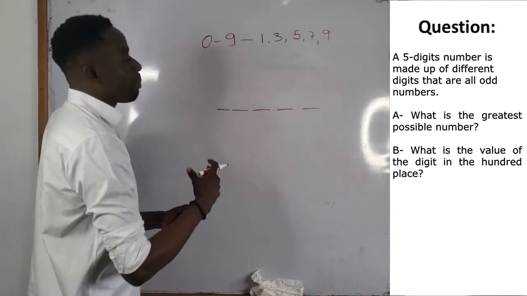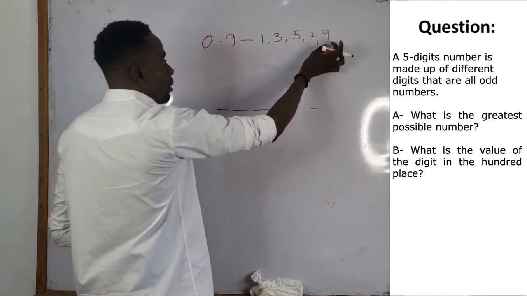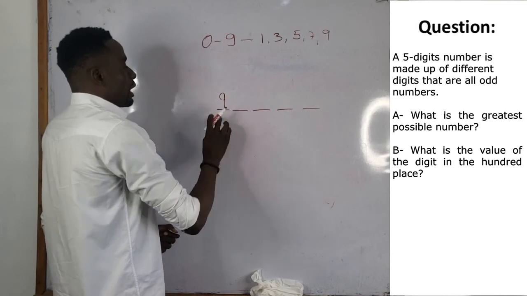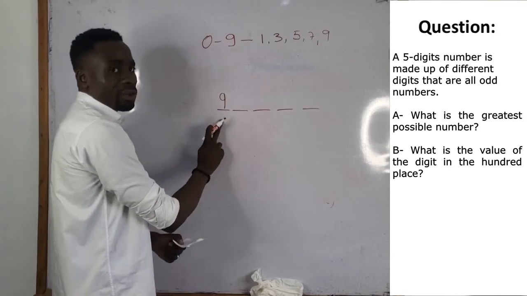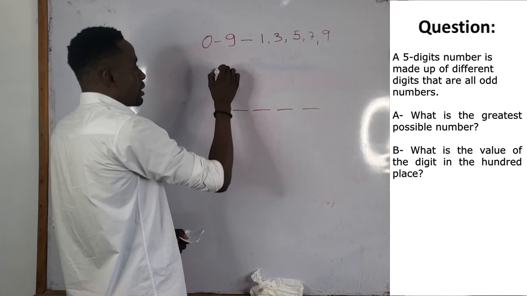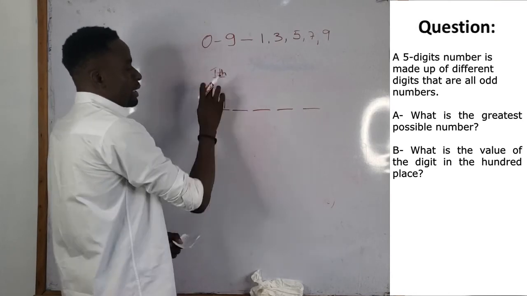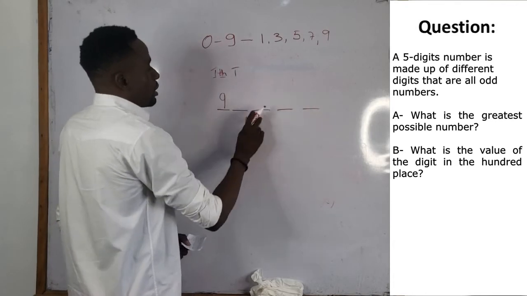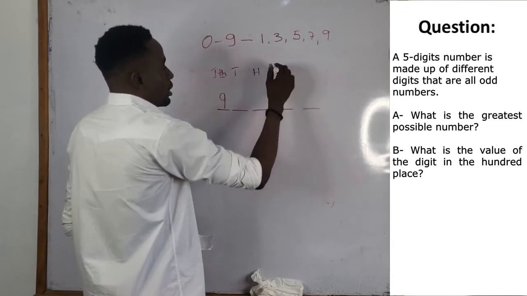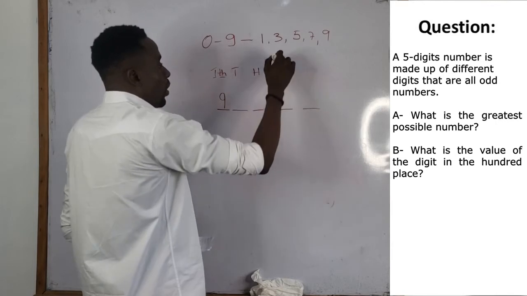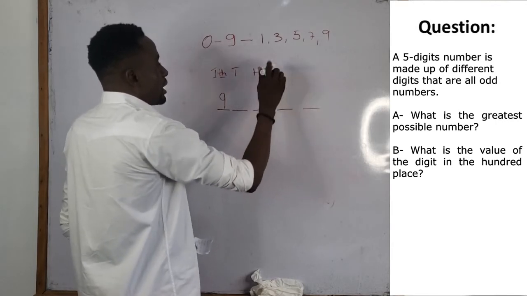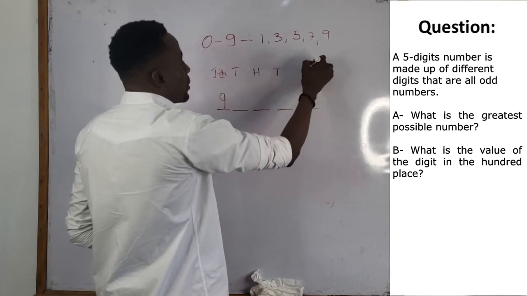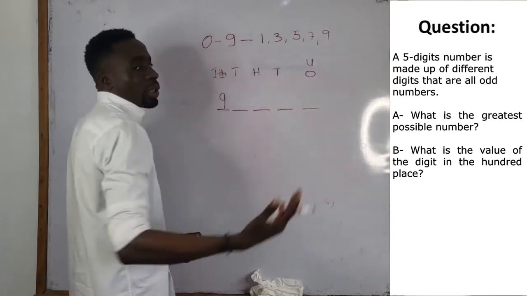If I'm thinking about the possible greatest number, I have to go first from the biggest number and get it forward. Because if I'm thinking about the place values, I know this is a 10,000. So my 10,000, which moves to 1,000, 100, tens, ones, or a unit, depending on which system you're working in.